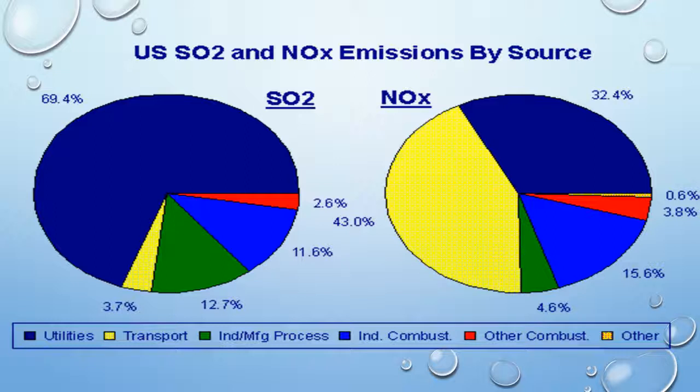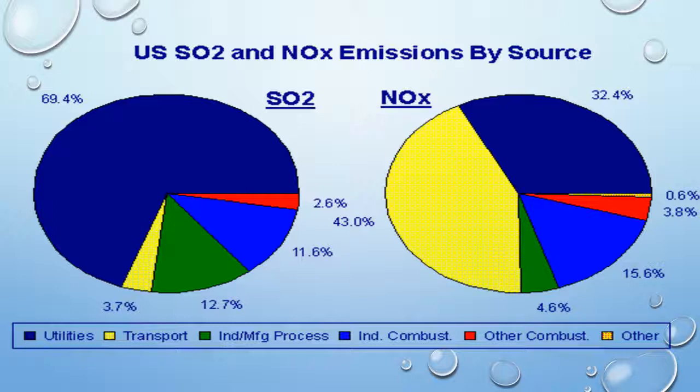On the right side of your screen is a pie chart for nitrogen oxides. The largest individual sector that contributes nitrogen oxides into the atmosphere is transportation, mostly automobiles. This is a highly dispersed source of nitrogen oxides, and it's difficult to regulate, unlike coal-burning power plants.